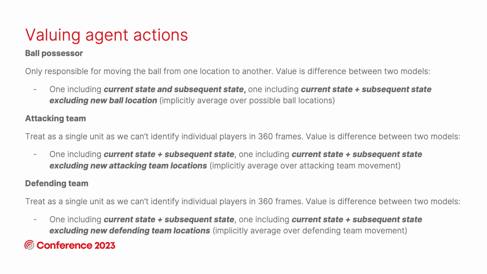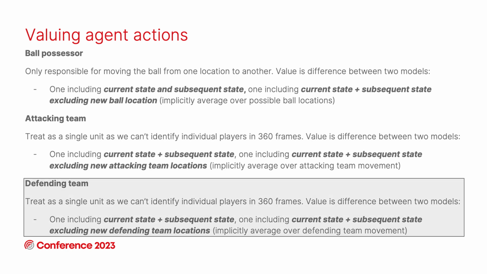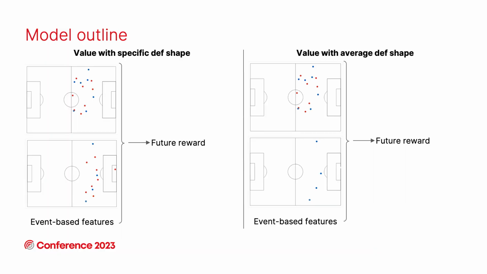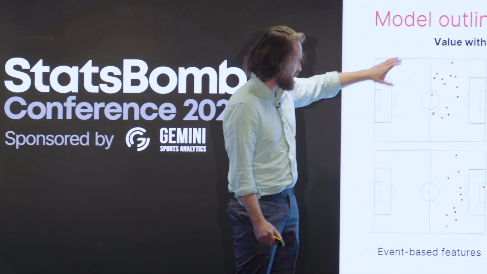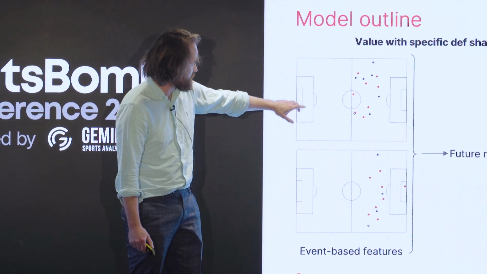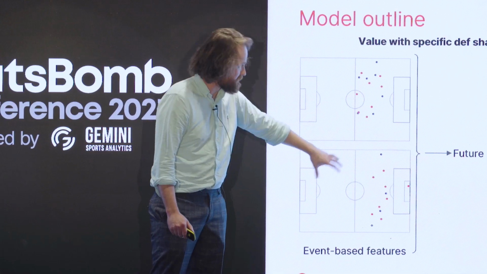You could do this for all three of those actions. I'm going to focus on the defending team here. The idea, going back to this notion of advantage, is that you want the value associated with something that's happened in a specific case. So the defending team, which is red here, has moved to a particular location.